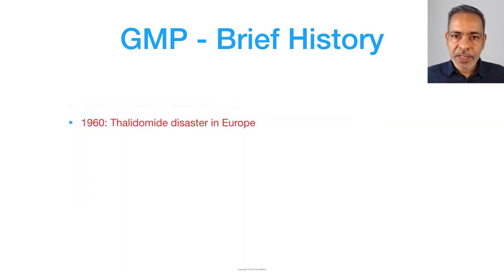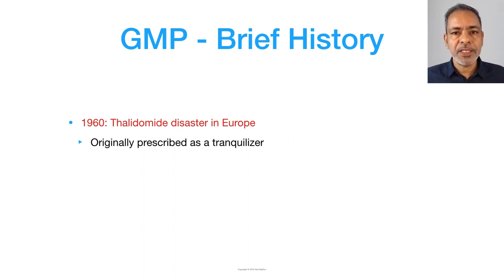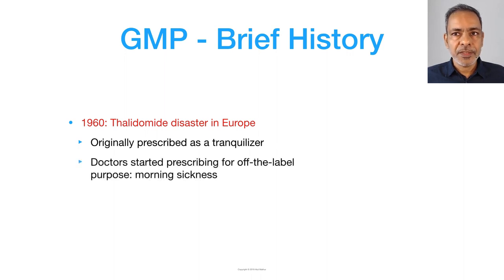A similar tragedy happened in Europe in 1960. The drug thalidomide was originally prescribed as a tranquilizer for countering sleeplessness in post-war US and Europe. But the doctors started prescribing it for an off-the-label purpose, and that was for alleviating morning sickness in pregnant women.